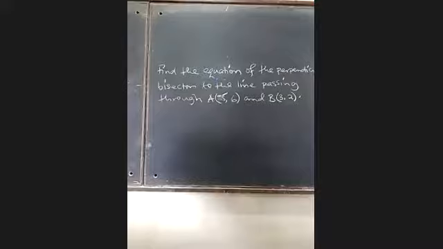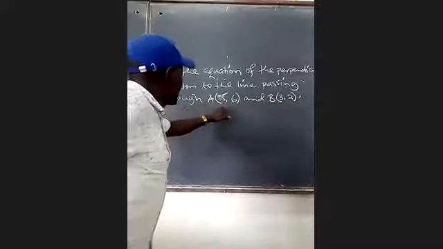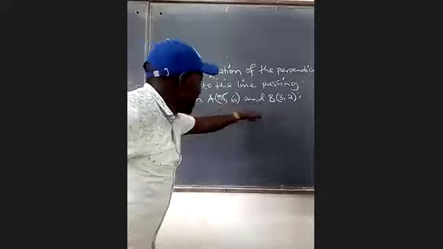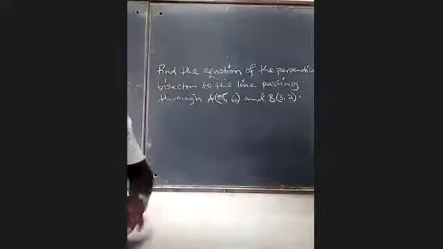Okay. So find the equation of the perpendicular bisector. The line passing through A negative 5, 6, and B is 3, 2.